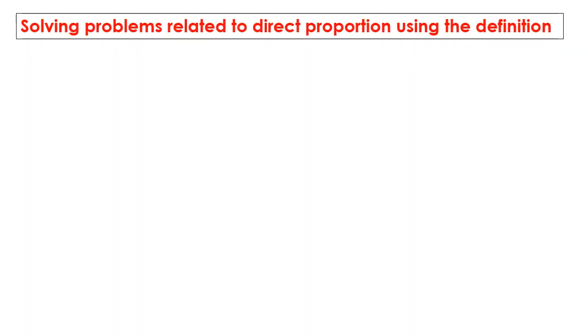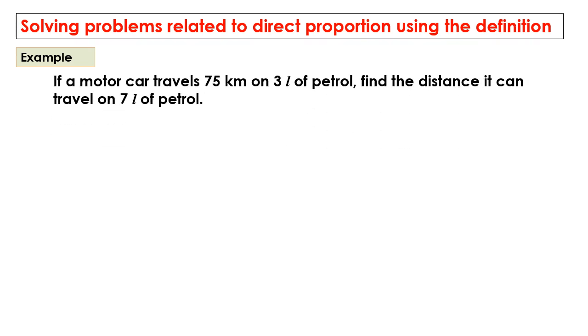Solving problems related to direct proportion using the definition. Let's see how to solve direct proportion problems using the definition method. Once again, let's go through an example. If a motor car travels 75 kilometers on 3 liters of petrol, find the distance it can travel on 7 liters of petrol.